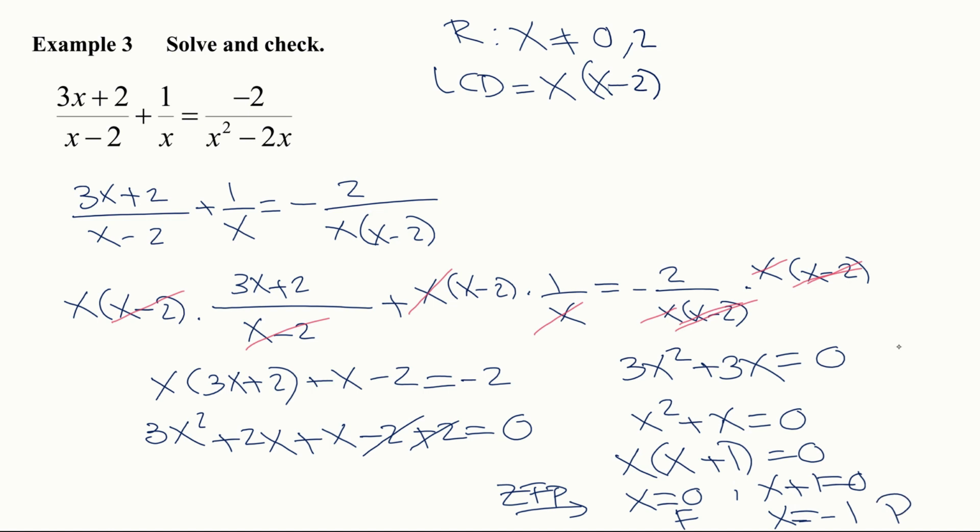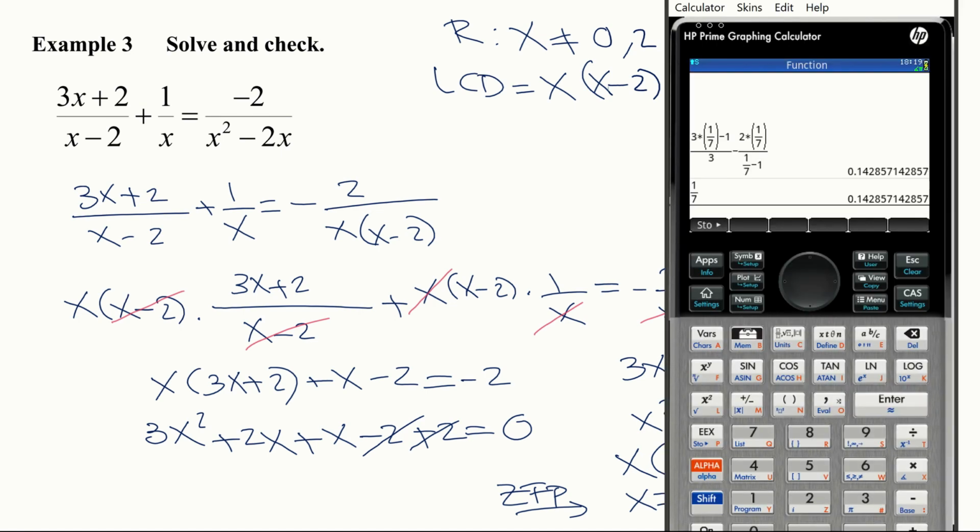It passes. So the only thing you may want to do at this point, if time permits, let's say if you're in a test situation or whatever, you may want to plug it in and check it. So again, to keep the video short enough, I'm going to go ahead and handle that on the calculator.